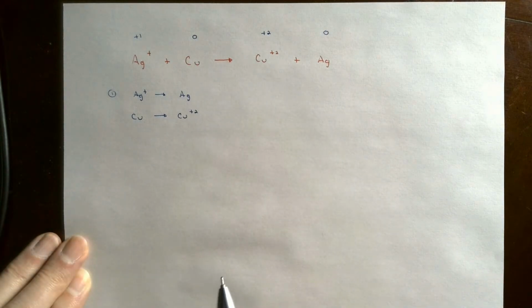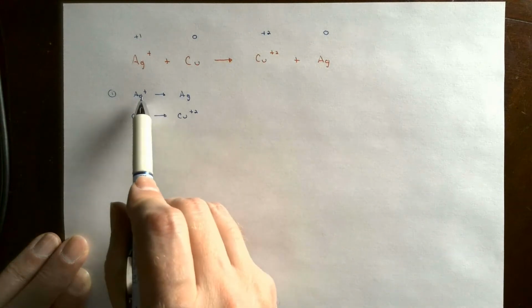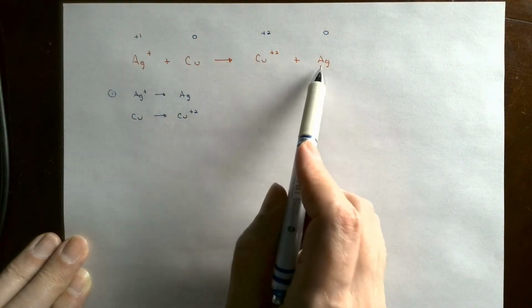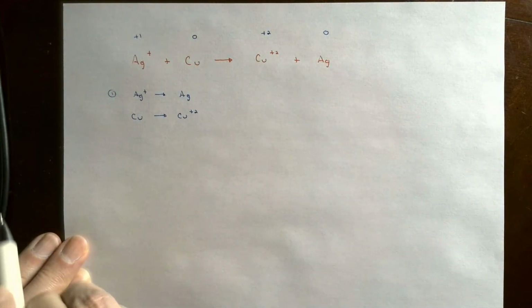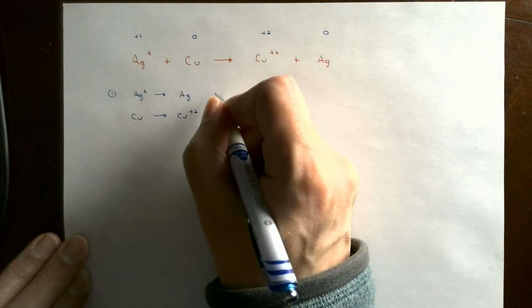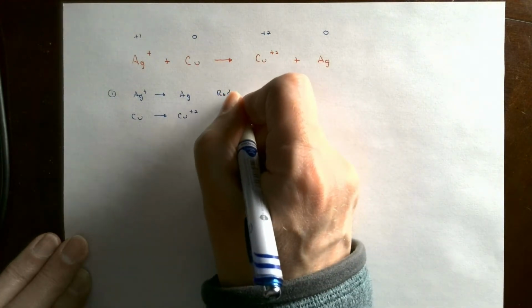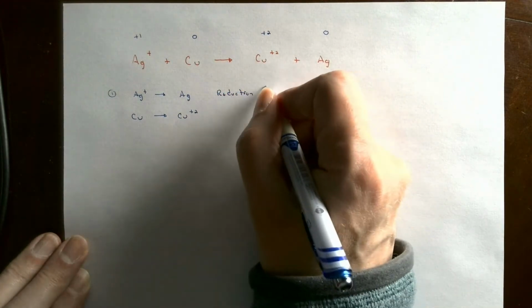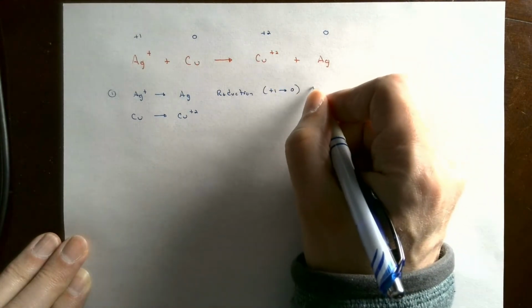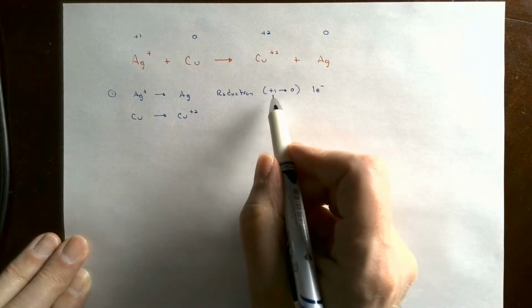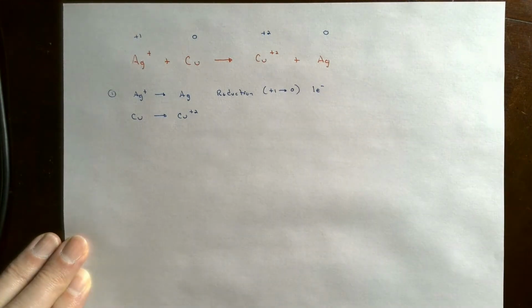We can start to assign whether these are oxidations or reductions at this point. We have a +1 going to a 0. The oxidation number is getting smaller, so we'd call that a reduction. It's going from +1 to 0, and that would be 1 electron, because the difference between +1 and 0 is 1.